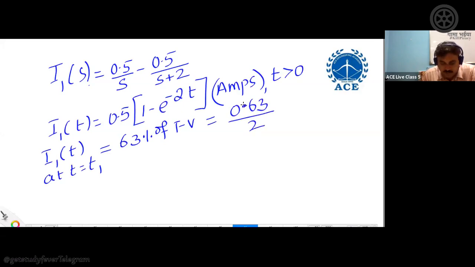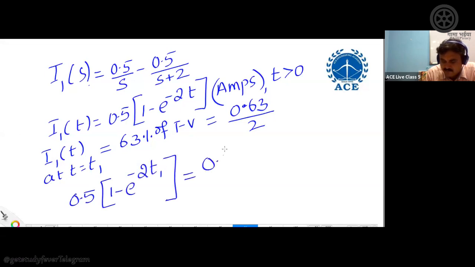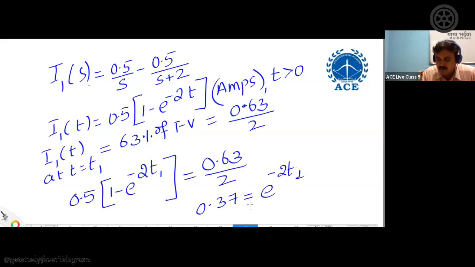That means 0.5 into (1 minus e power minus 2 t1) is equated with 0.63 divided by 2. The 2 comes to the left side and it becomes 1, so you have 1 minus 0.63, which becomes 0.37 equal to e power minus 2 t1. Take the natural logarithm on both sides and find the value of t1. Do you get my point or not?